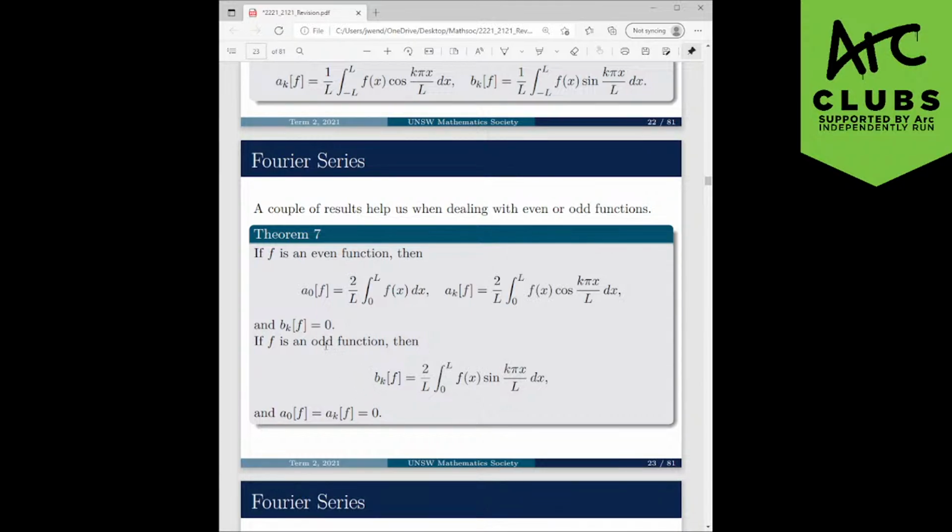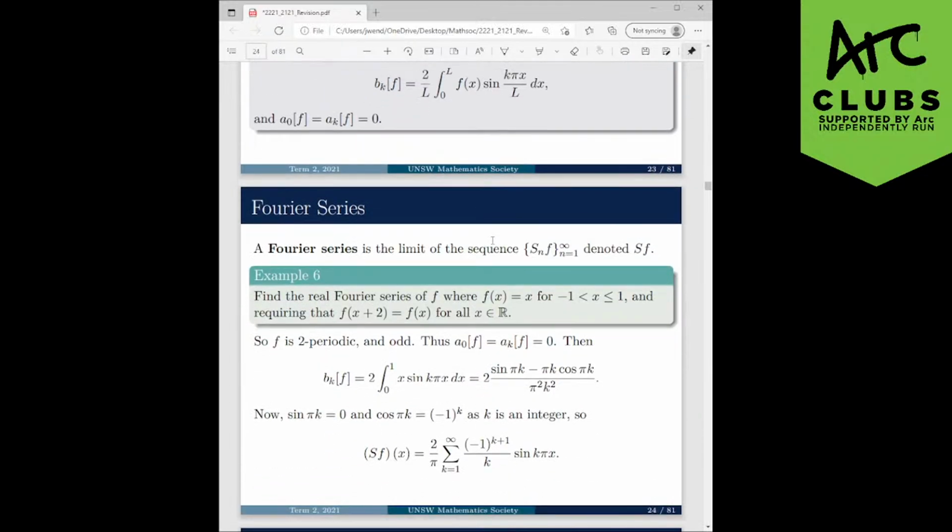So if f is an odd function, you can save half your working out time just by not finding A0f and AKF. Well, not finding, but recognizing they're both 0. So you don't have to put in the hard work of trying to integrate, which gets really tedious. So make sure you recognize if f is even or odd, there's some simplifications to be carried out.